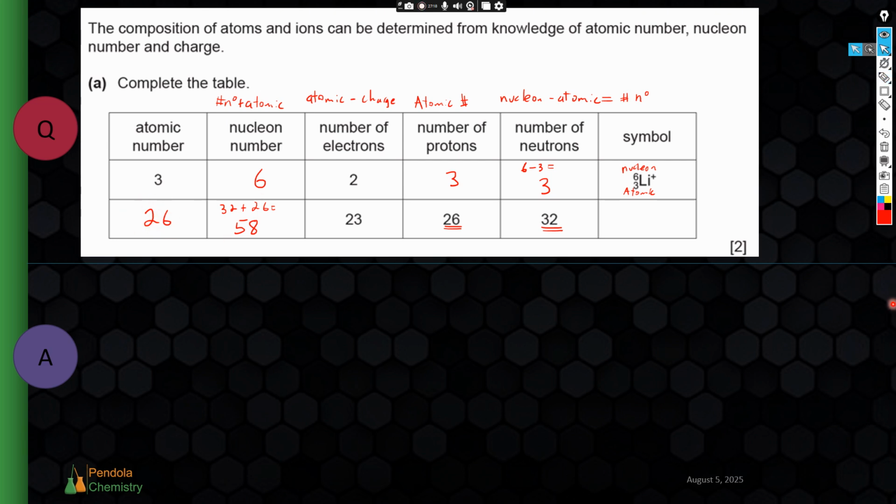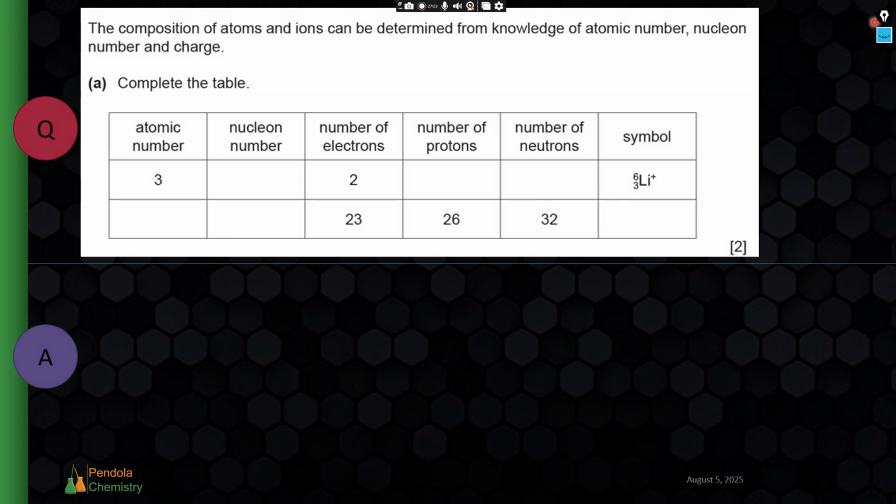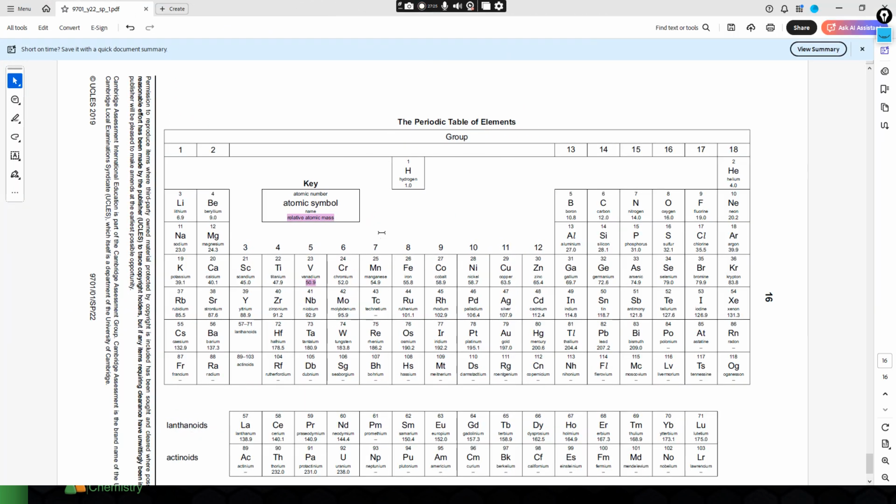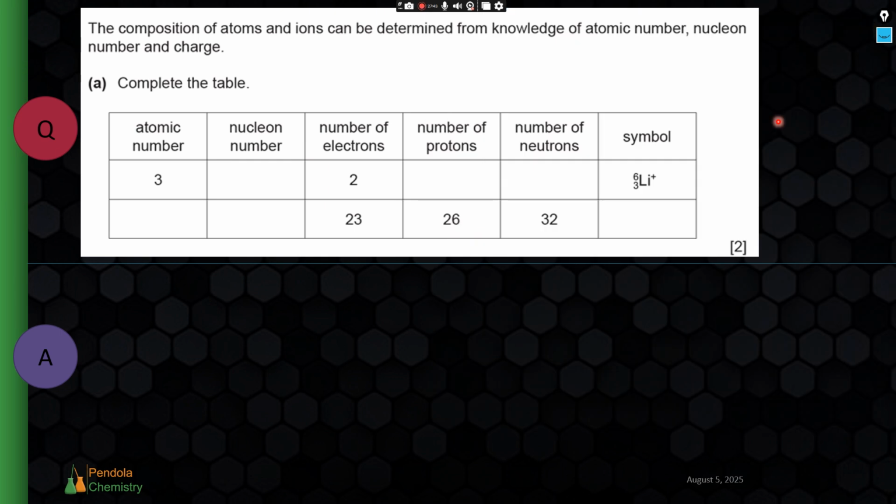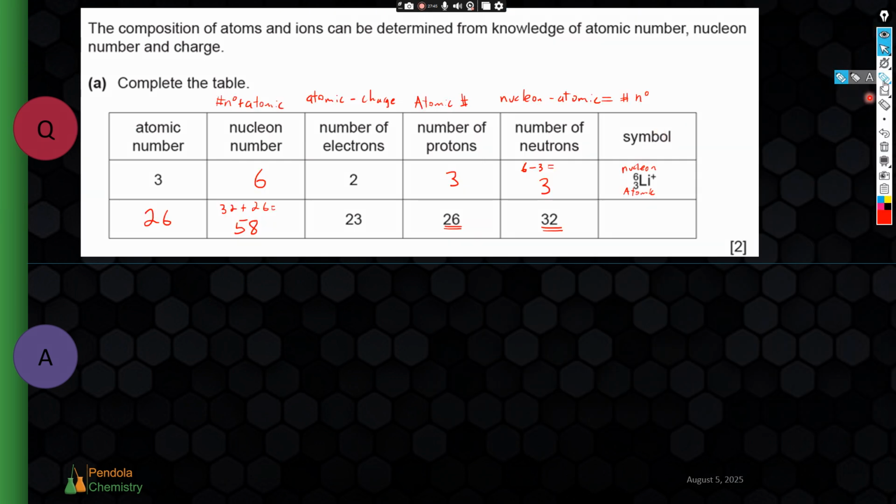So all we have to do is pull up our periodic table, which you will have to do on the AICE exam fairly often, and look for the element with atomic number 26. That element is iron, and so our symbol is Fe.